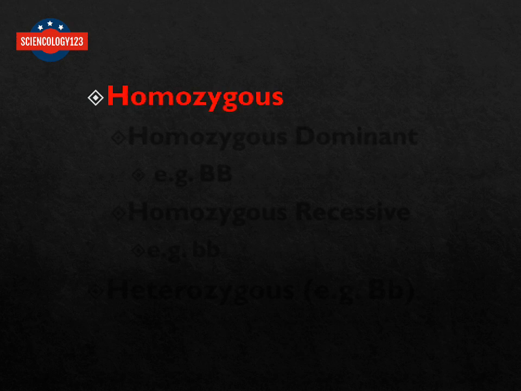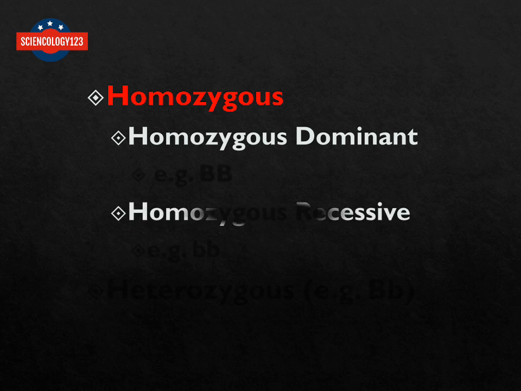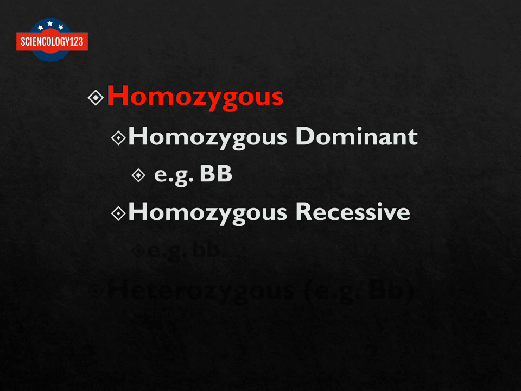Homozygous can be divided into two categories, which are homozygous dominant and homozygous recessive. Homozygous dominant means they are having identical dominant allele, for example, uppercase letter B for both.